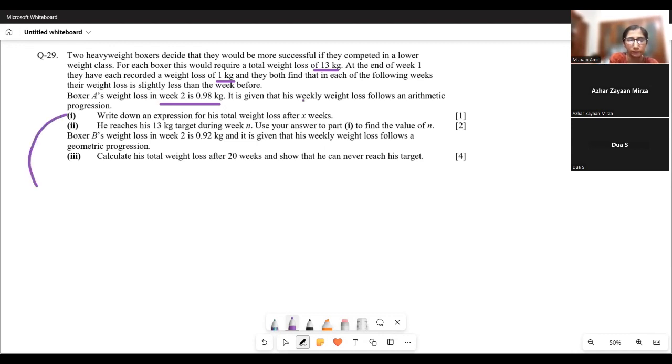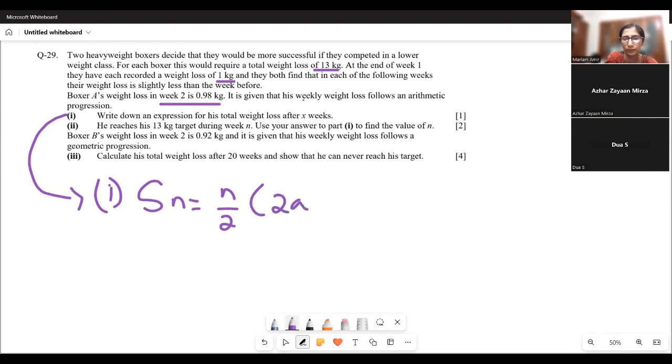Okay, so part 1. It's an AP and they're talking about total weight loss. So that means they're asking for the sum of all the weight loss in all of the x weeks. So you have to find Sn. And the formula for Sn in an AP is n over 2 times 2a plus (n minus 1)d.